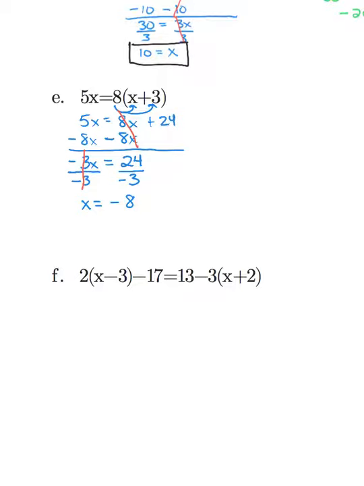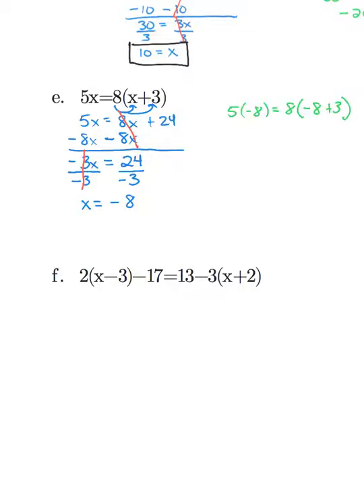If we check our solution now, I want to plug negative 8 into the original equation. So we get 5 times negative 8 equals 8 times negative 8 plus 3. I replace all of my x's with negative 8. Now I do want to point out that when we did our solving step, we used distribution.